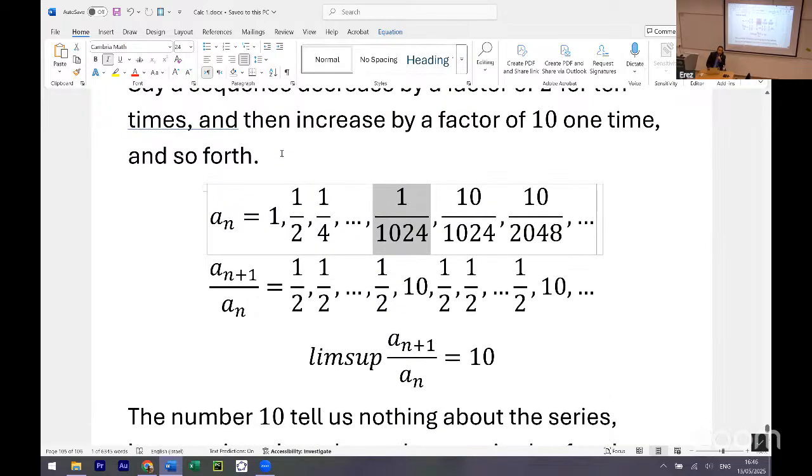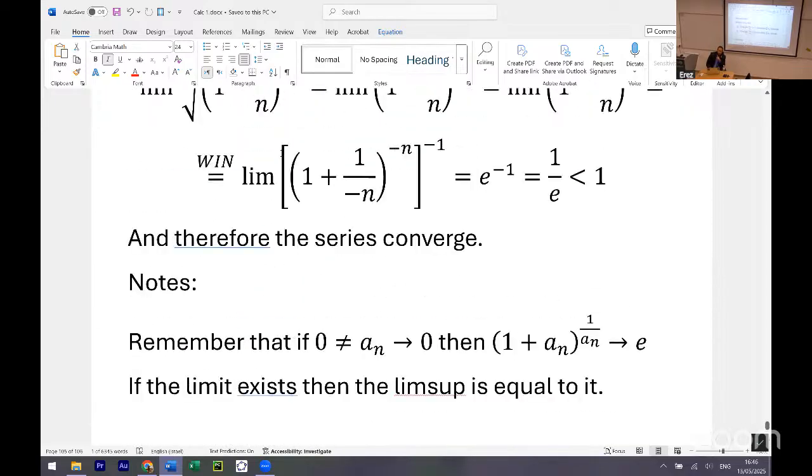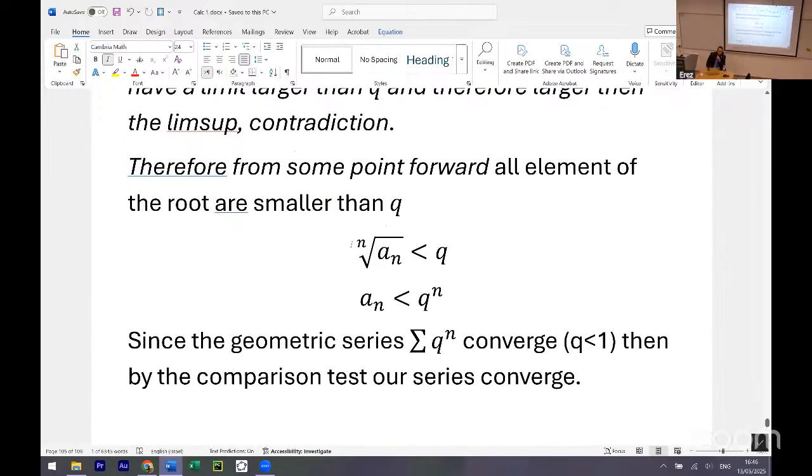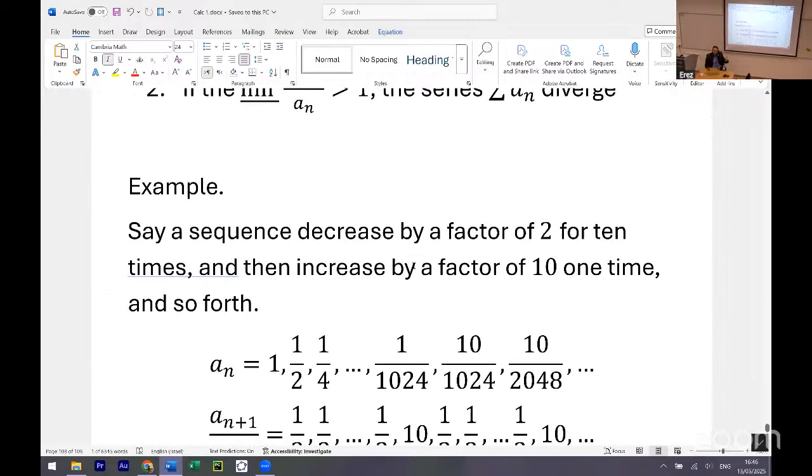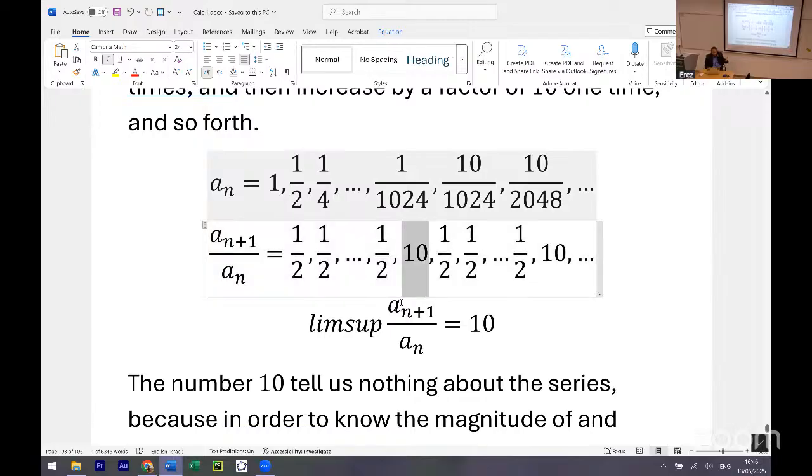This is different from what happened with the root. With the root, once we knew the nth root of an, we directly know the magnitude of an, because if the root is smaller than q, then an is smaller than q to the n. But if someone tells me that the nth ratio is 10, I don't know the size of the element, because it depends on what happened up until now.